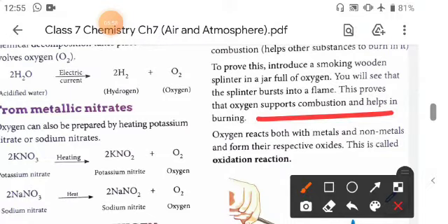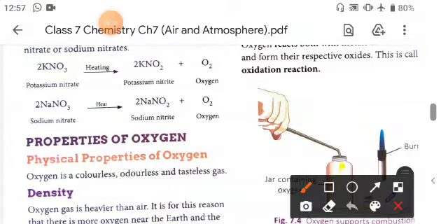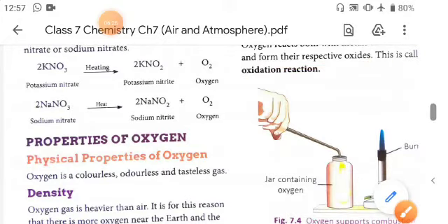Oxygen reacts with both metals and non-metals, and when oxygen reacts with metals and non-metals, it forms their respective oxides, and this is called an oxidation reaction.